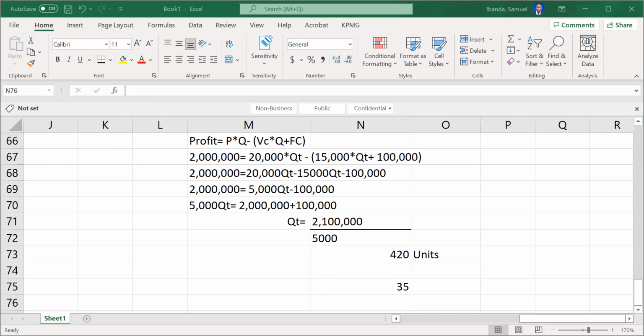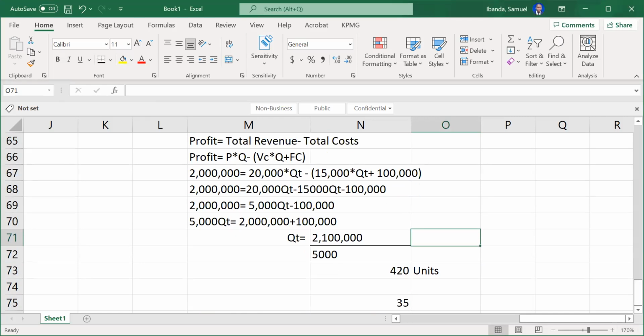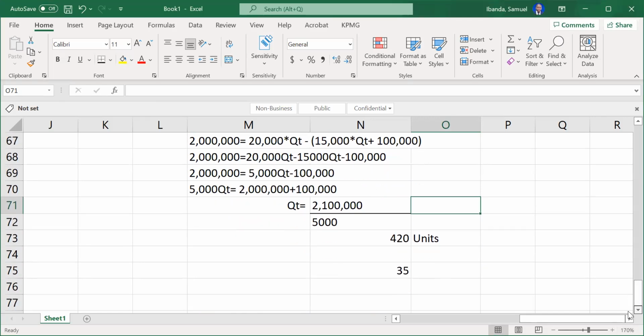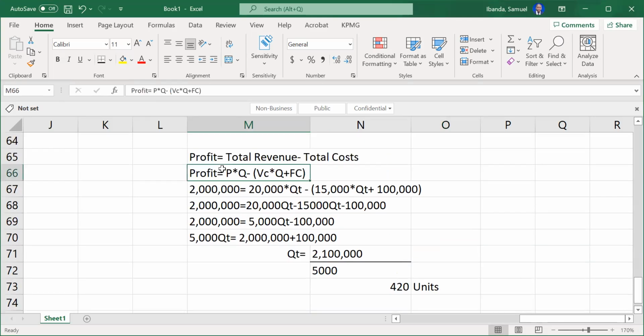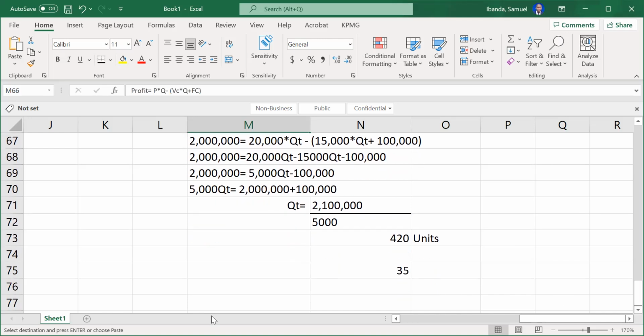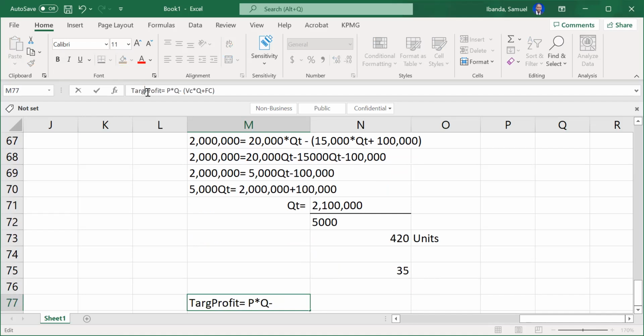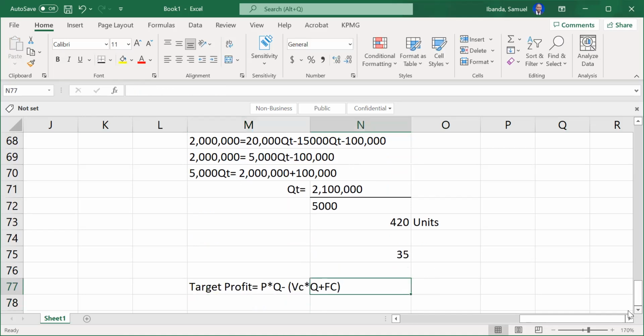Now, I want you to just see something small here. If we are saying that our target profit, I'll bring this formula here and say that our target profit is given by this.